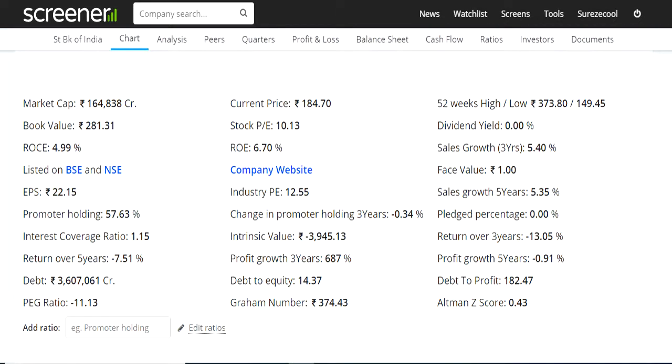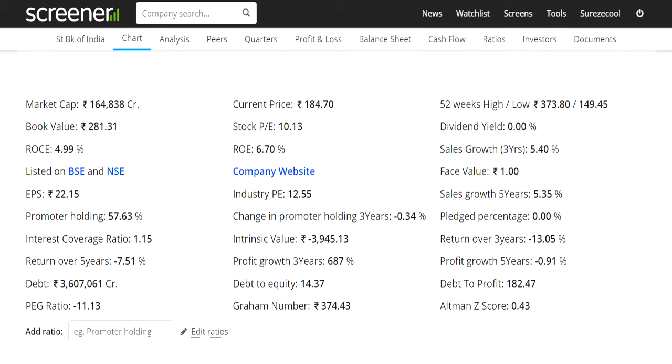And then the interesting part is we can see the market cap of that particular company, the current price, the 52-week low and high, dividend yield, PE, book value, ROE, ROC, and earnings per share.